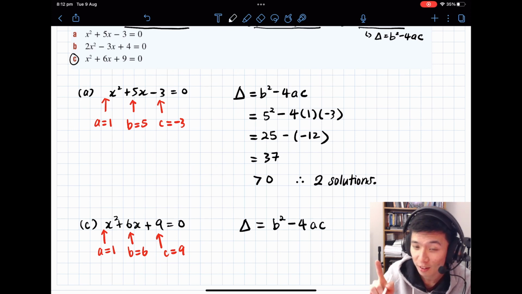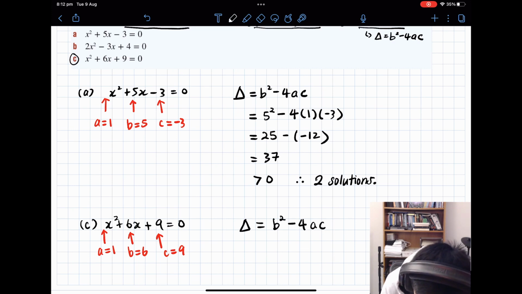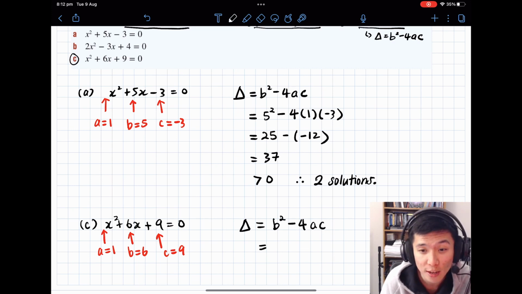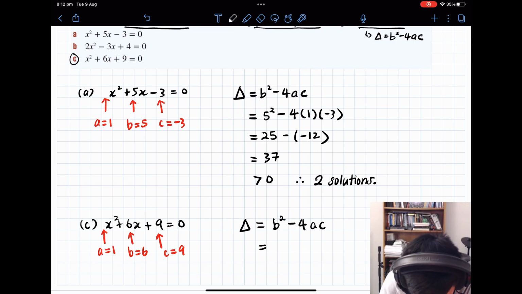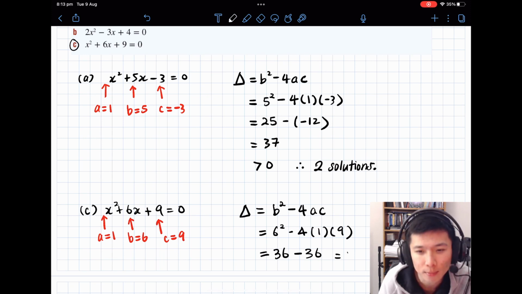But I think the formula sheet will have the entire quadratic formula there. And so, of course, if you forget, it's underneath the square root. Now let's substitute in our numbers for A, B, and C. We'll get 6 squared minus 4 times 1 times 9, which simplifies to 36 minus 36. Ooh, that equals 0.